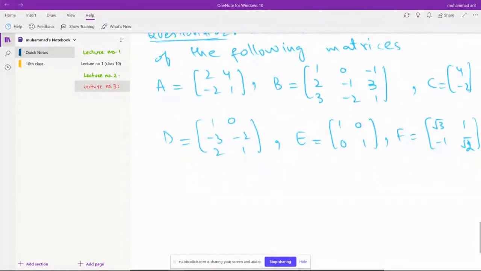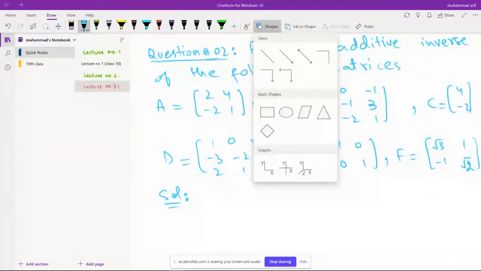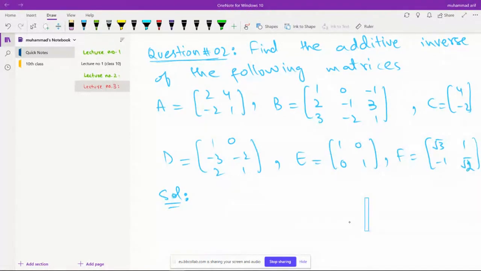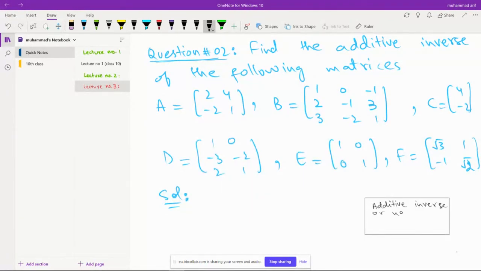Now we find the negative of these matrices. That is the additive inverse. Here you note that additive inverse and negative of a matrix are the same.